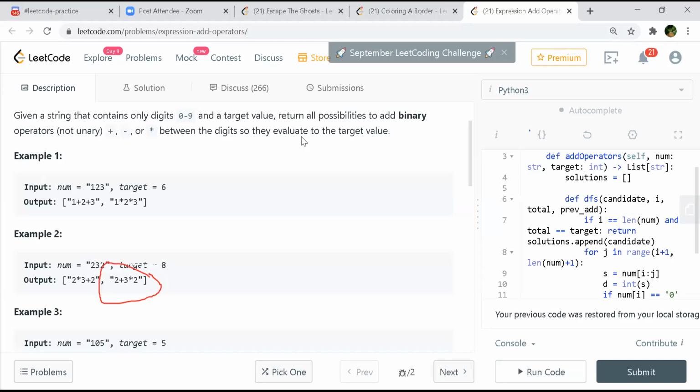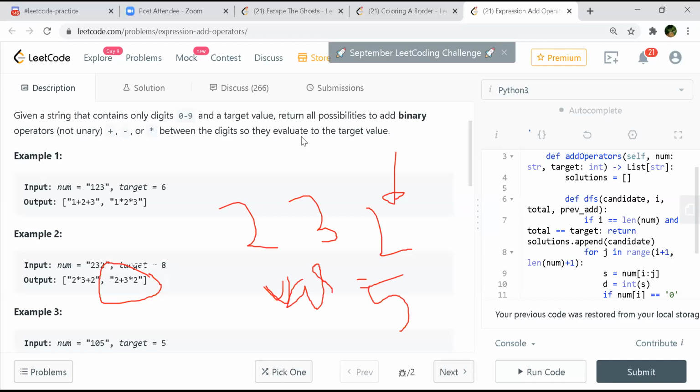So I have this 2, 3, and again 2. Let's say I am going by the addition route first, and I'm keeping a value also as my running answer. So when I reach this 2, my value would be 5, right? 2 plus 3, 5.